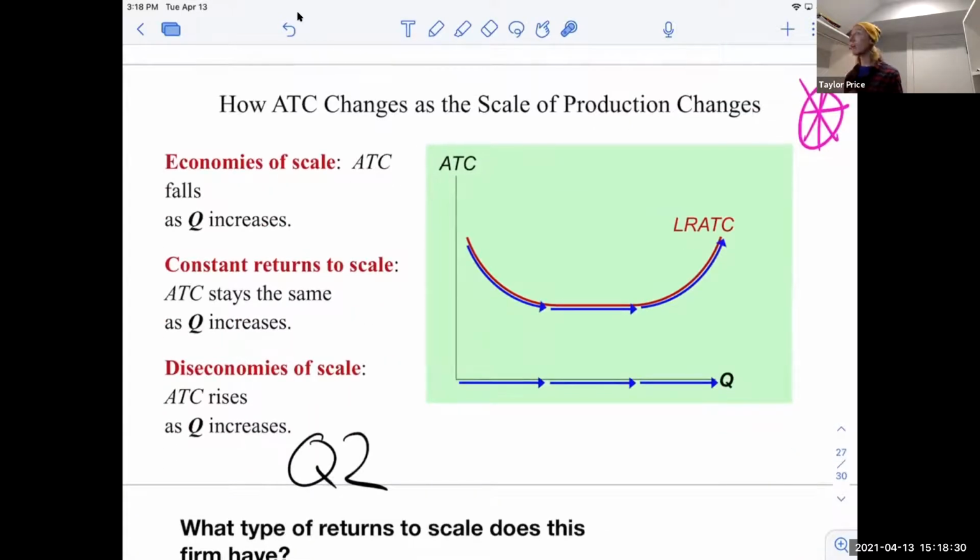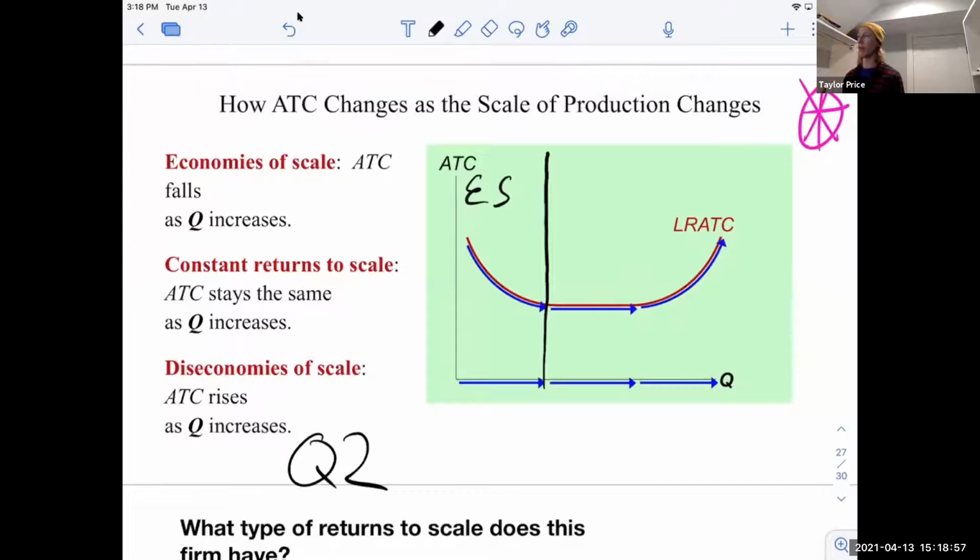So when talking about that, we should think about what is the scale of production. And there are usually 3 different types of production scales. We have economies of scale, where the average total cost curve is falling as quantity increases. So this point right here. That's economies of scale.